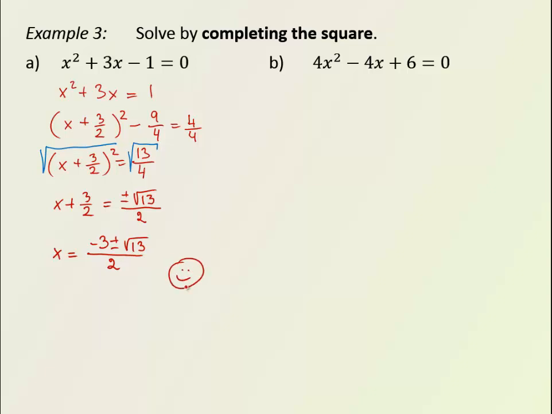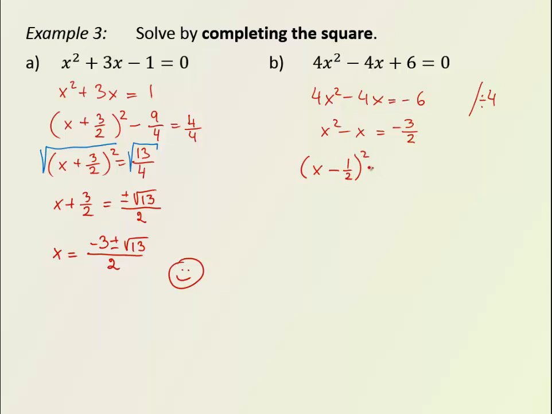Here it is. In the following example, let's do the same. Bring the 6 over. 4x squared minus 4x equals negative 6. We divide both sides by the leading coefficient 4, which gives x squared minus x equals negative, after simplifying, 3/2. Then complete the square, which is x, the same sign, minus, and half of the coefficient, 1/2.